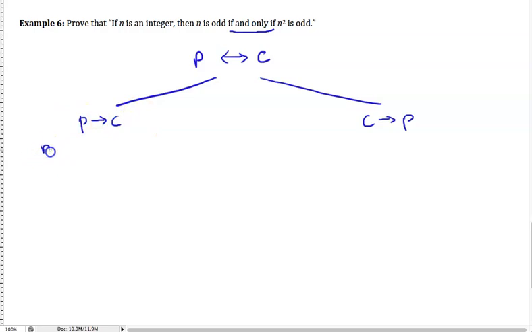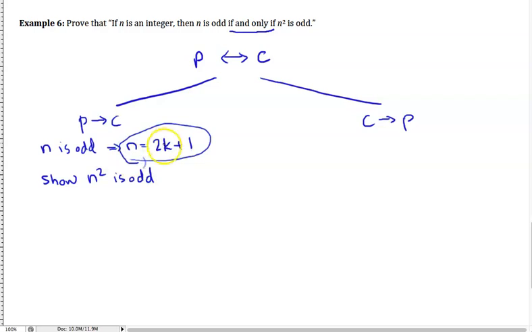So this one says that if n is odd, so that's my premise, that means I can write n as 2k plus 1. All right, then I need to show that n squared is odd. So I'm taking this as true and plugging it into the n squared. And I get 4k squared plus 4k plus 1.